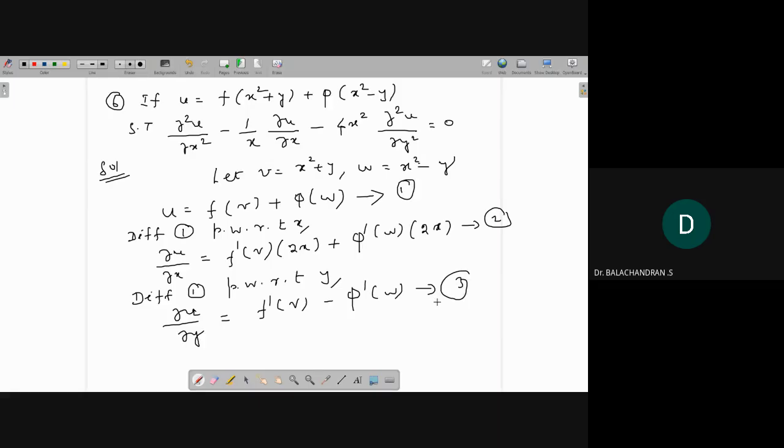Now differentiate equation 2 partially with respect to x. I will write in the next slide, but you write equation 2. Okay, equation 2 is this.